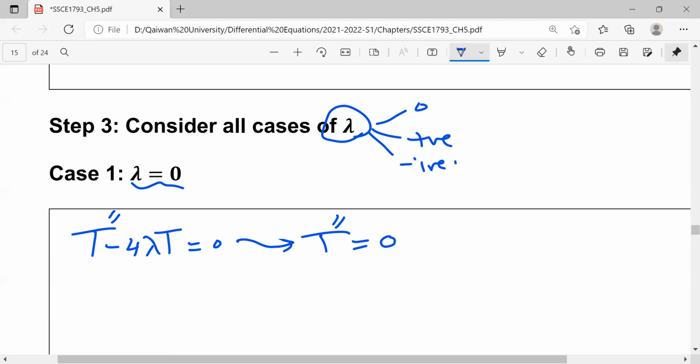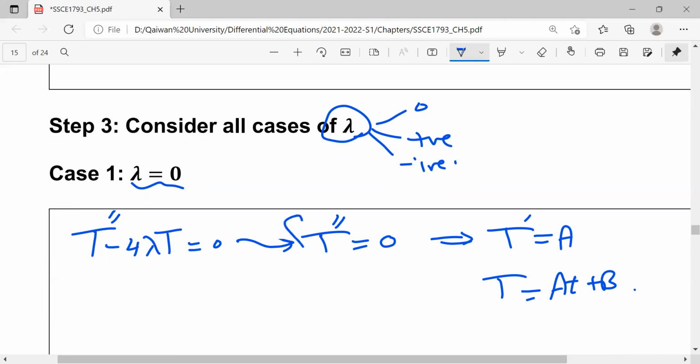And now we are going to find T by taking the integration for both sides. We get T prime equals, let's use capital letters, A. And again, if we take another integration for both sides, we get T equals A times t plus B.